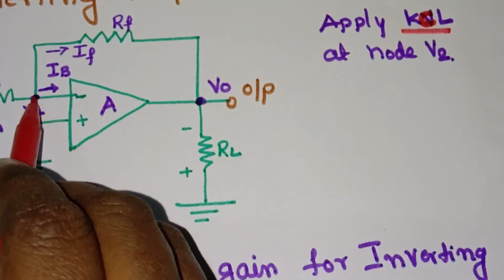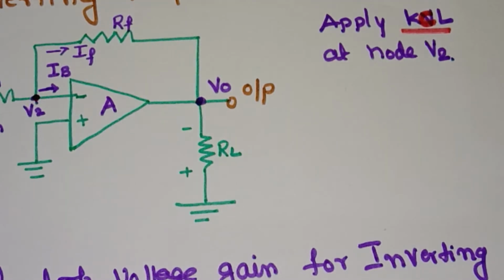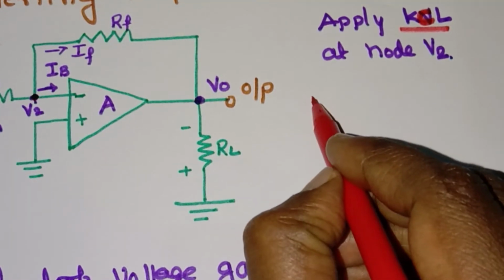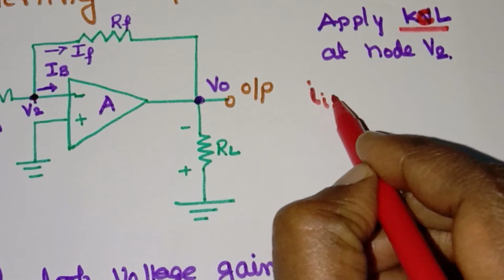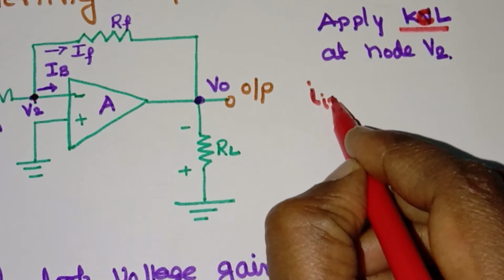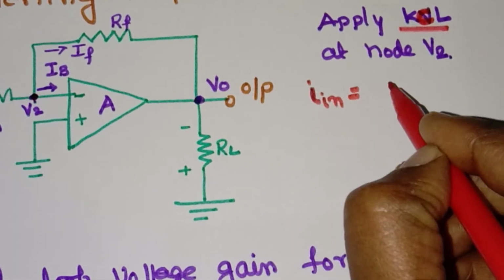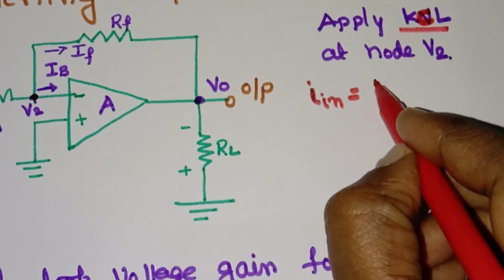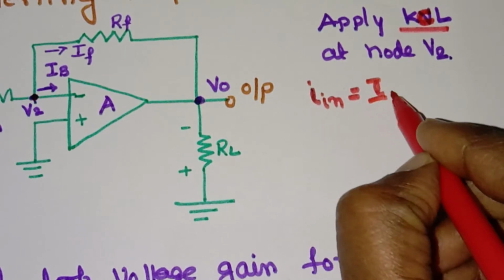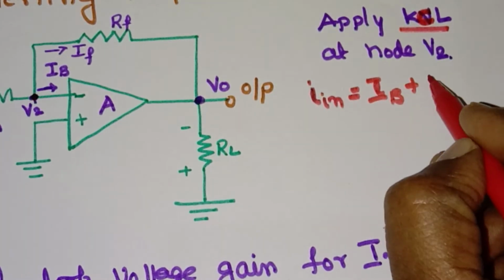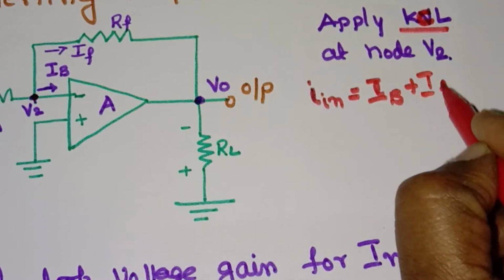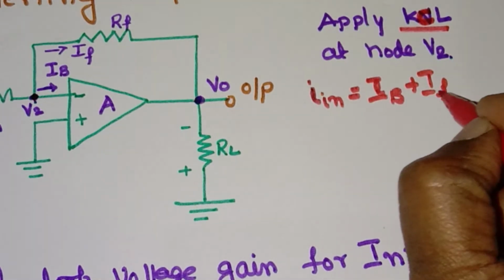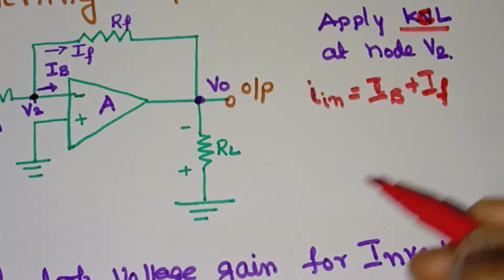For this V2 terminal, what are the incoming currents? IN is your incoming current. And what are the outgoing currents? IB, that is IB plus IF. Okay, IB plus IF.